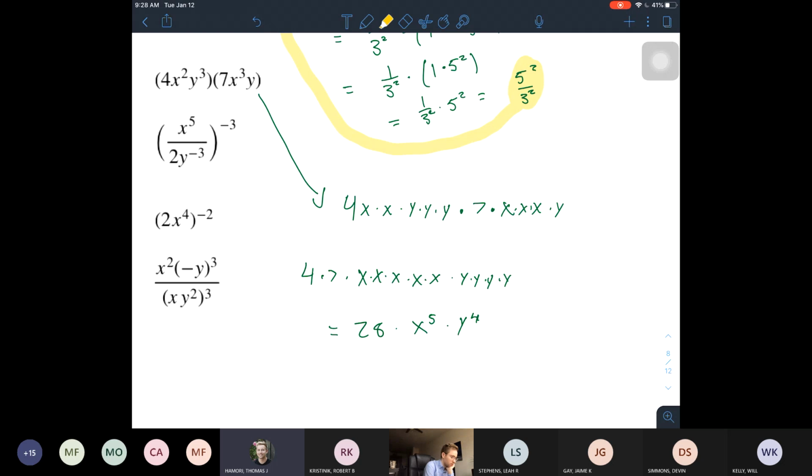Okay, and again, I think there's a lot of students who would go straight from here to our answer, but this is the real reason that we could do this. So from here to here, this was by commutativity of multiplication.